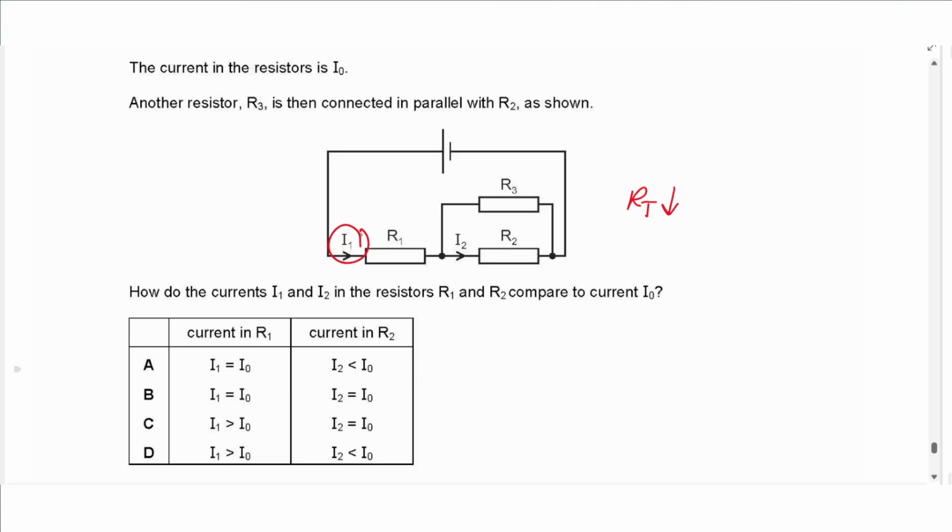So the current coming from the battery increases. So I1 would be greater than I0. And then this part of the circuit has a lower resistance, which means it takes lower voltage. So a lower voltage on a fixed resistor creates a lower current. So I2 would be less than I0. So the answer is D.